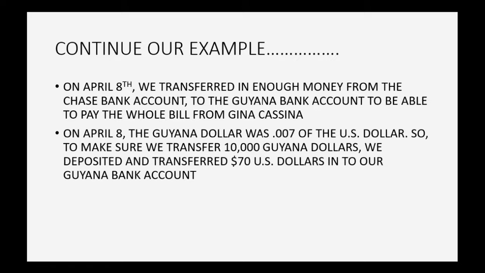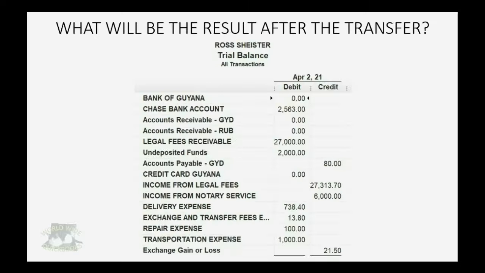On April 8th, the Guyana dollar was worth only 0.007 of the US dollar. So, to make sure that we transfer 10,000 Guyana dollars, we deposited and transferred 70 US dollars into our Guyana bank account, and that became 10,000 Guyana dollars that we will then pay from.